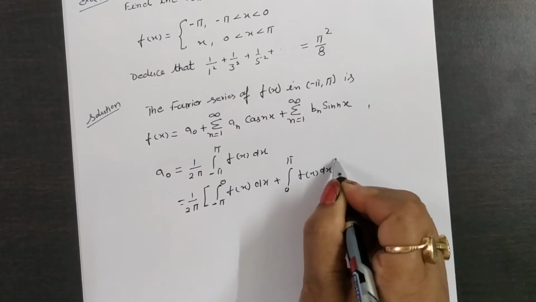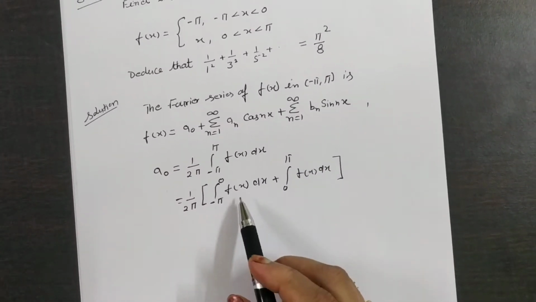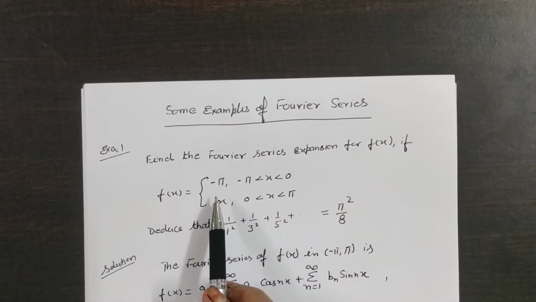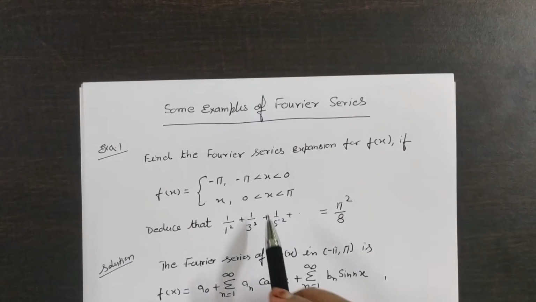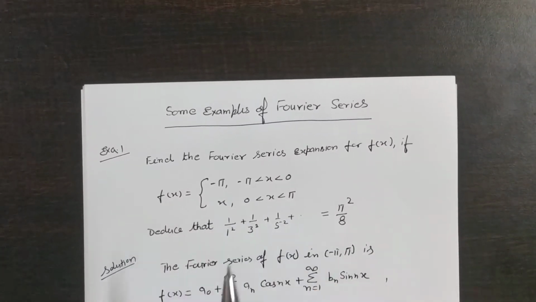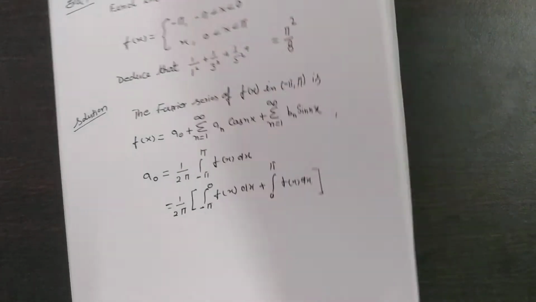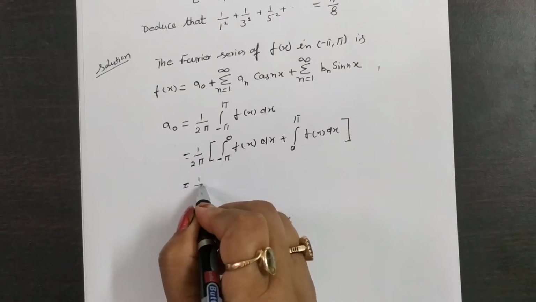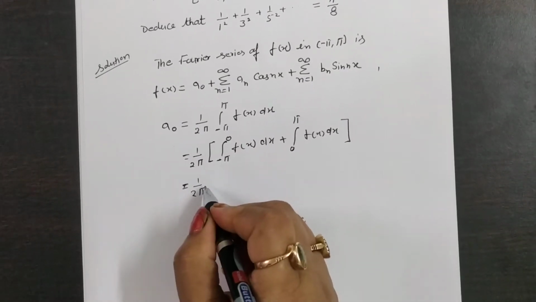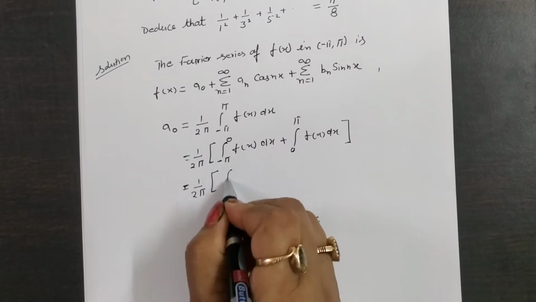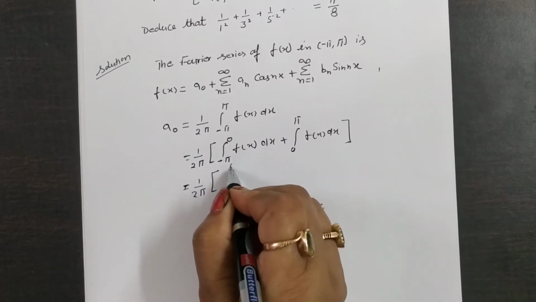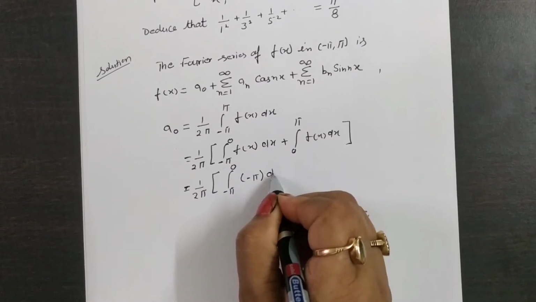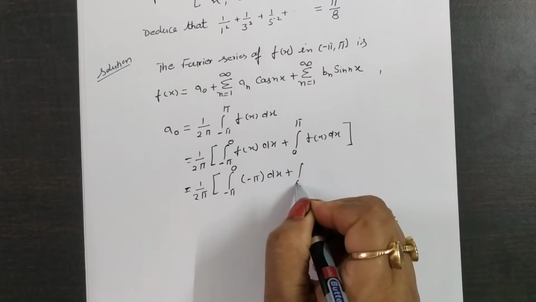Clear? Now what is the value of f(x)? From here, f(x) is equal to minus pi for the limit minus pi to 0, and x for the limit 0 to pi.